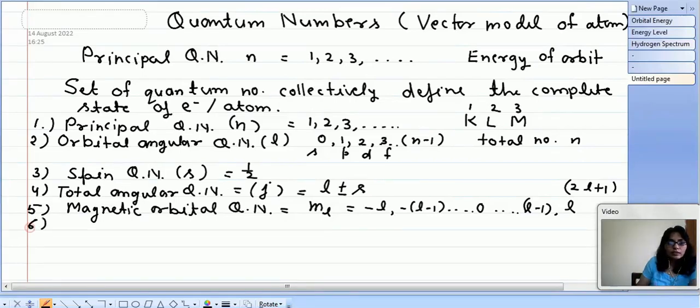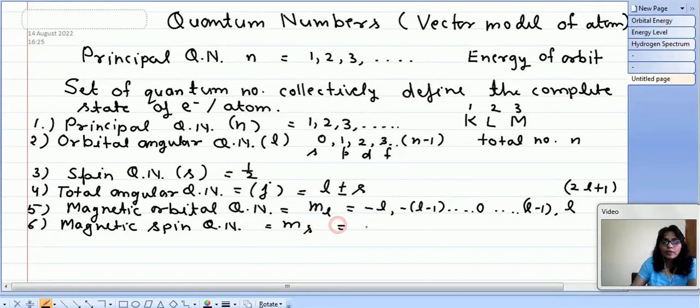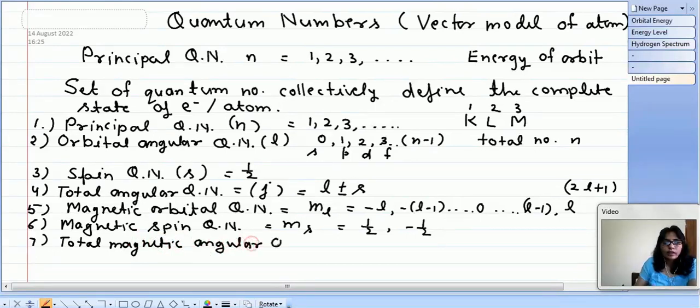And then sixth one is the magnetic spin quantum number, which is ms. This has only two values, one is plus half and the other is minus half. And then seventh is the total magnetic angular quantum number, that is mj.